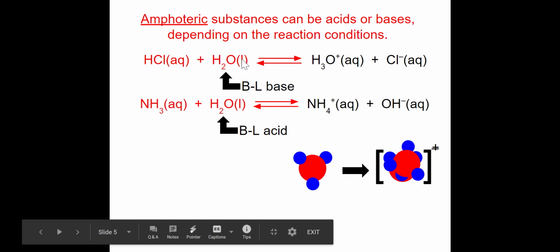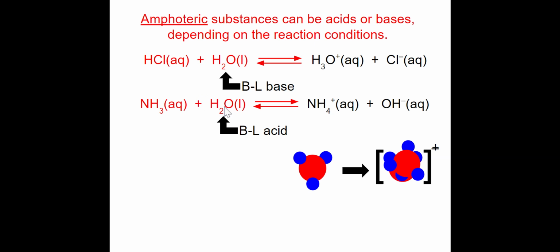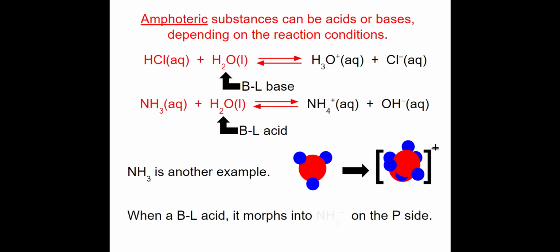Notice in the first equation, H2O accepts the hydrogen and becomes H3O+, whereas in the second one, H2O donates a hydrogen and becomes OH-. NH3 is another example of an amphoteric substance. When it's a Brønsted-Lowry acid, it's going to donate a hydrogen and become NH2-. When it's acting like a base, it's going to become NH4+ on the other side.